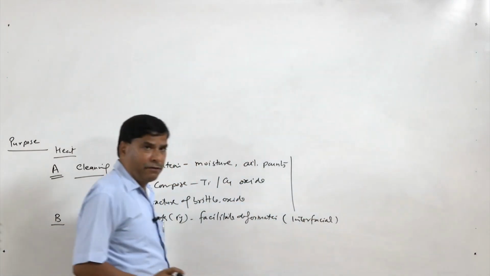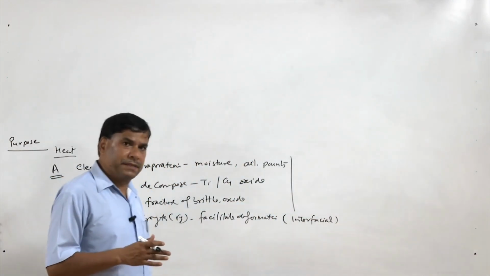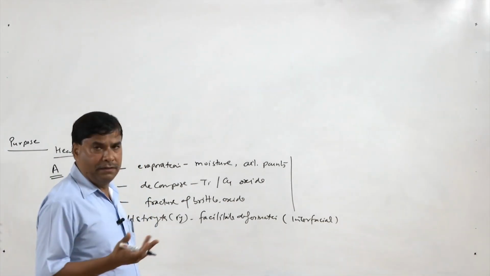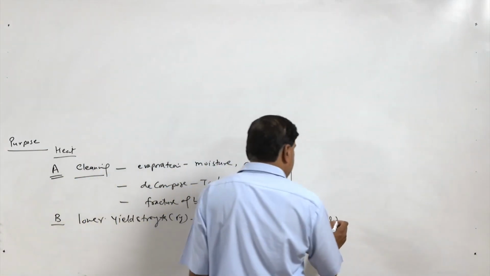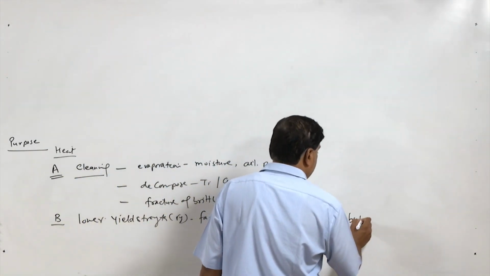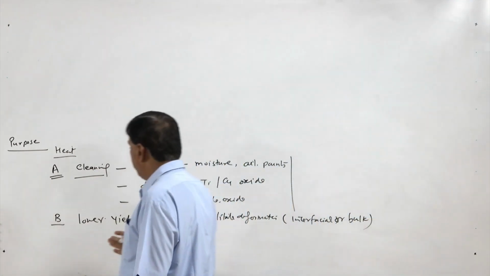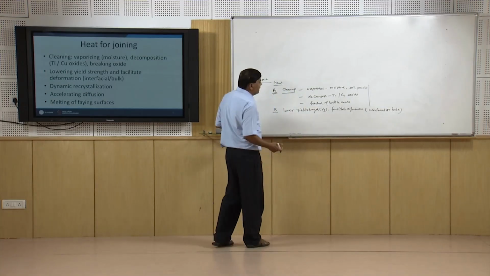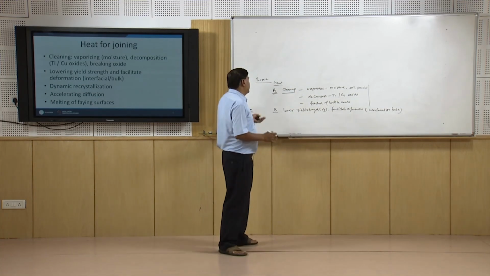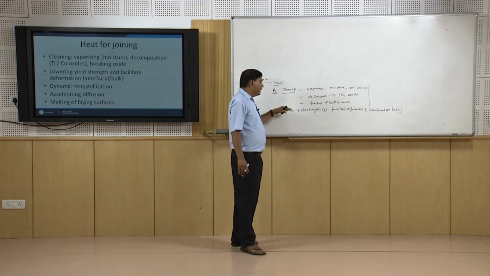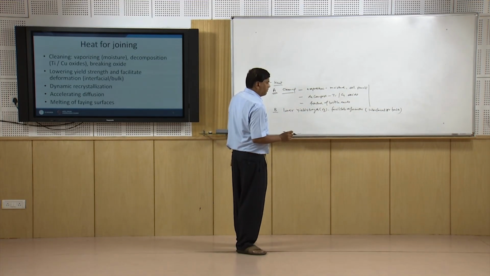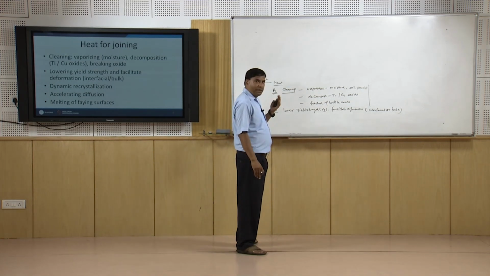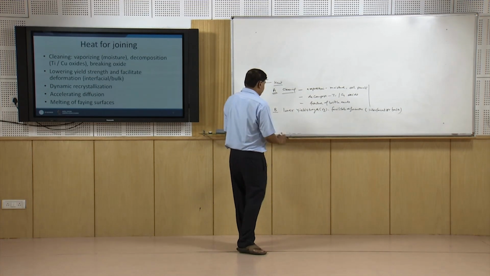Interfacial deformation is like the ultrasonic welding process, or bulk deformation like friction welding and friction stir welding process. Sometimes heat is intentionally generated and applied so that the yield strength of the metal can be reduced in order to facilitate the deformation, so that metallic continuity is achieved. This deformation can be at two levels, interfacial or bulk.